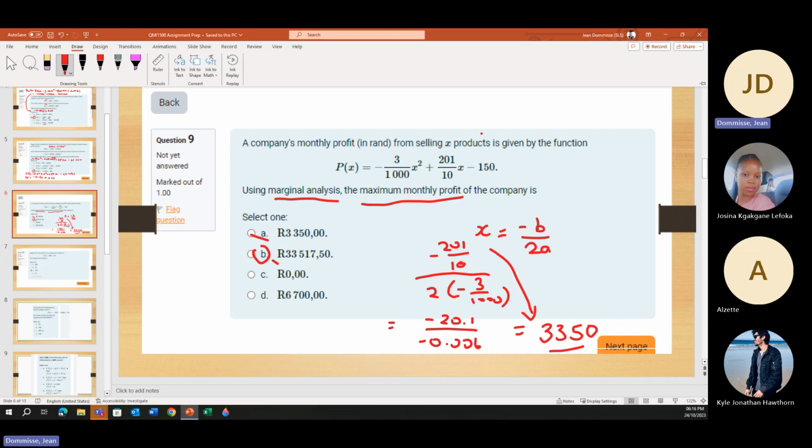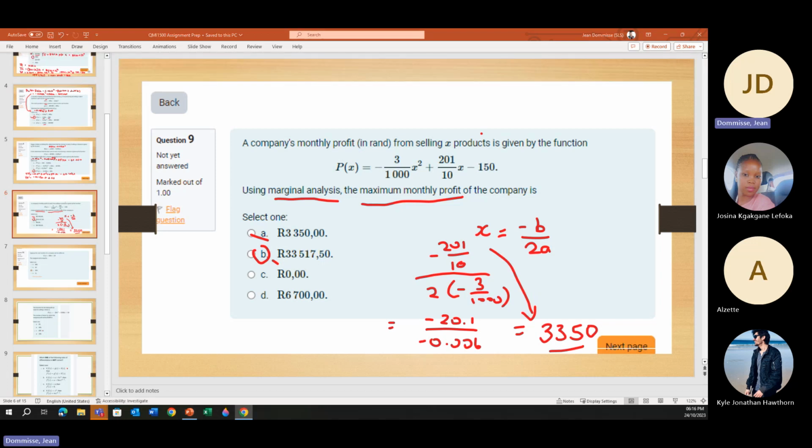Let me quickly just... We're probably missing a... Just quickly Googling marginal profit again: change in total revenue, change in quantity sold.